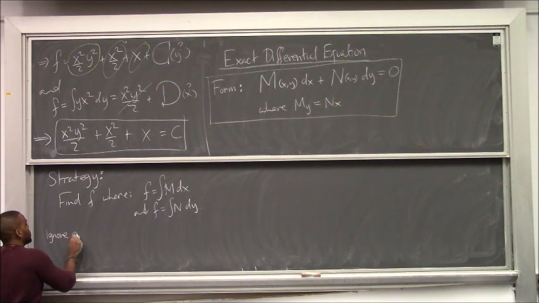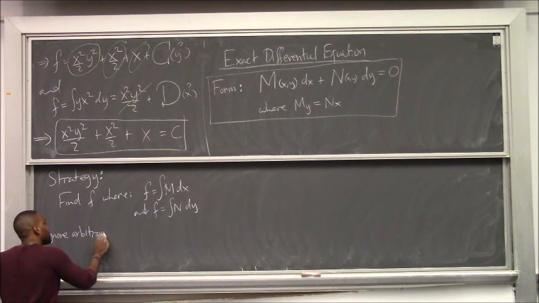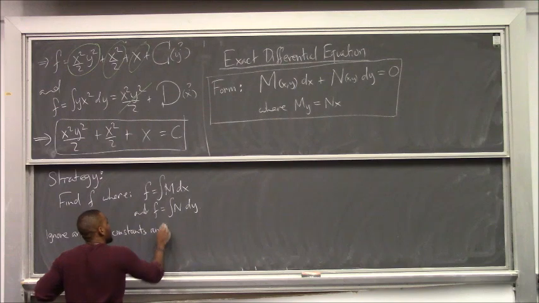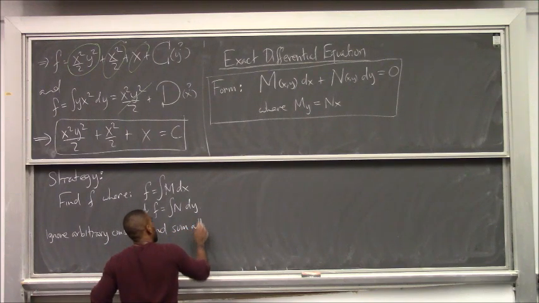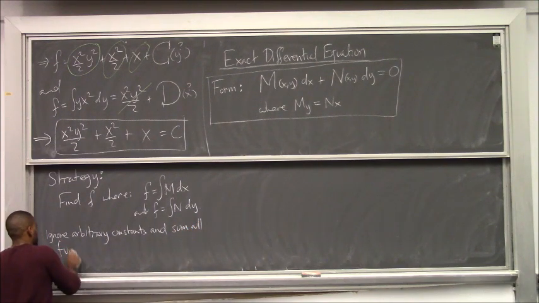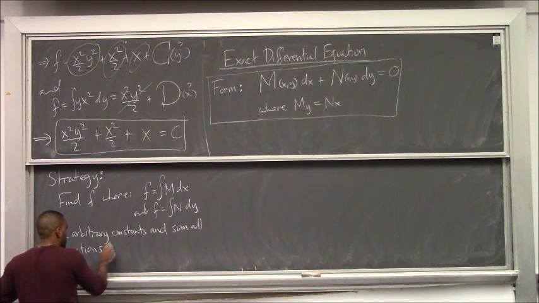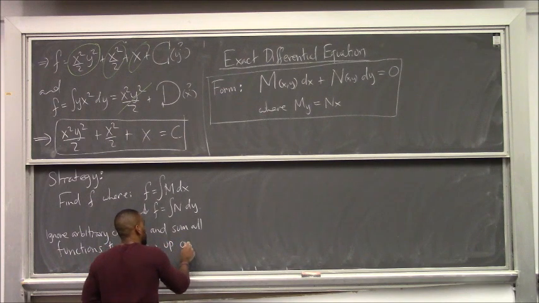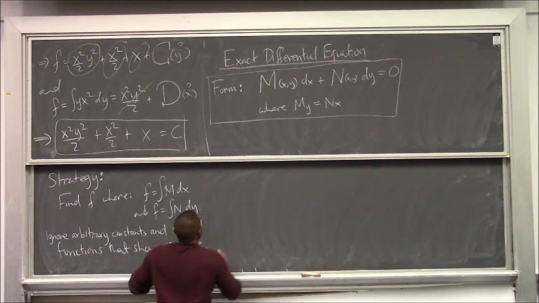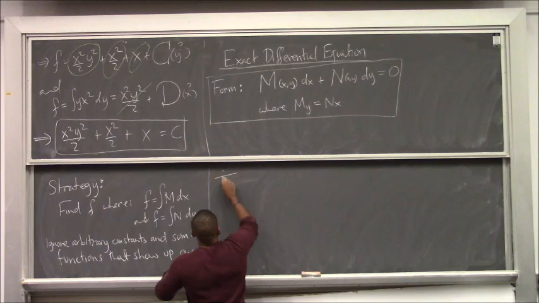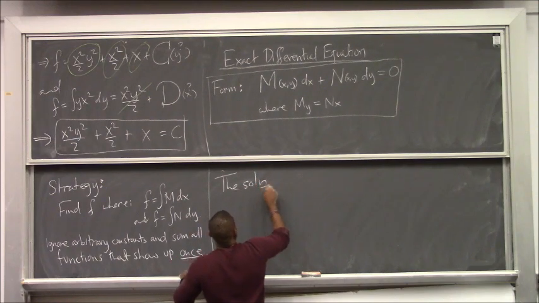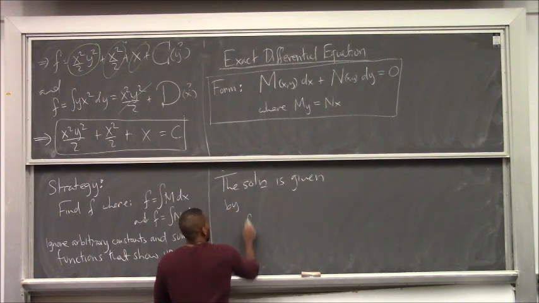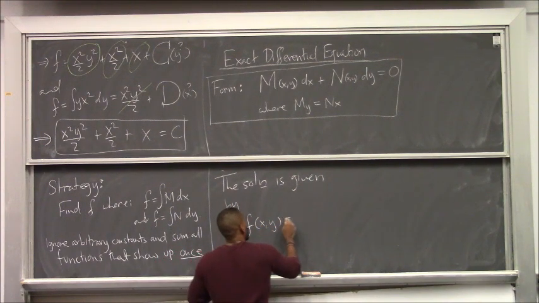Ignore arbitrary constants, and sum all functions that show up once. And the solution is given by f of x, y equals c.